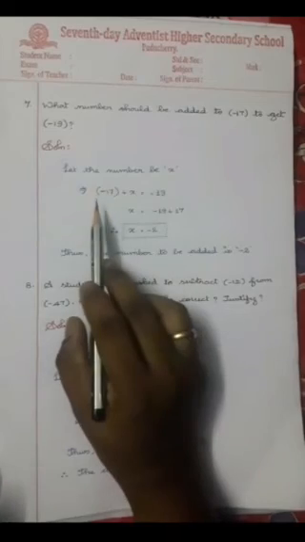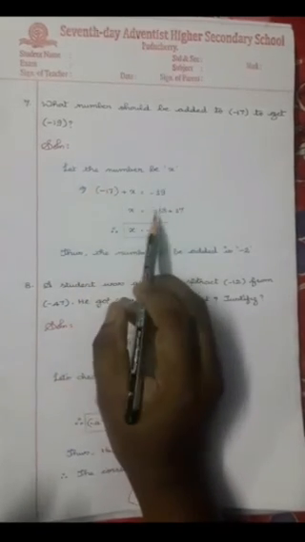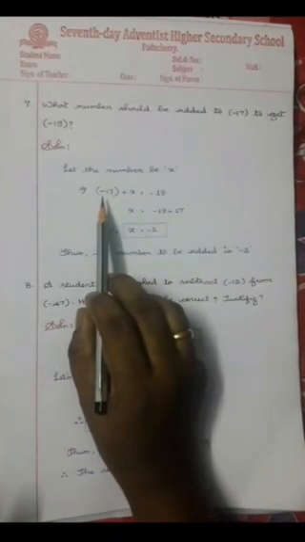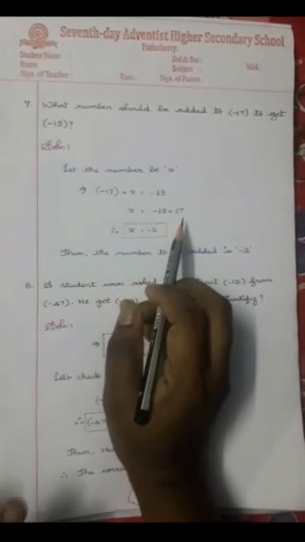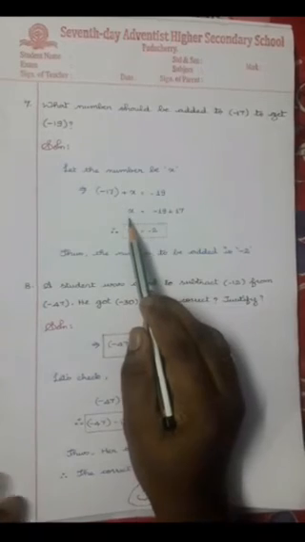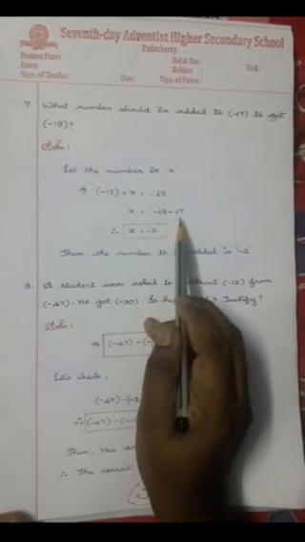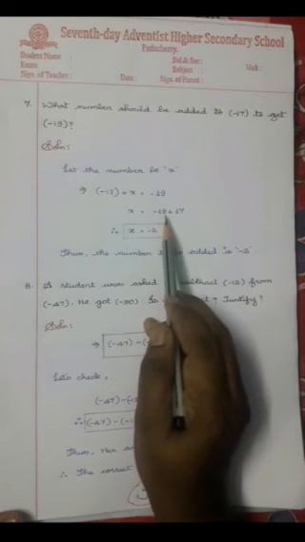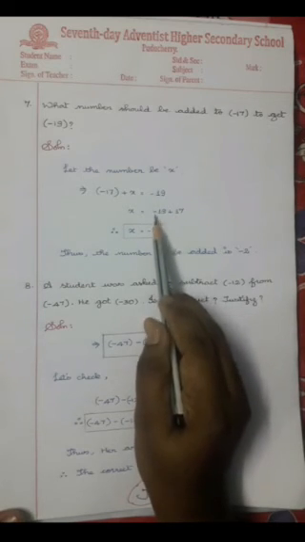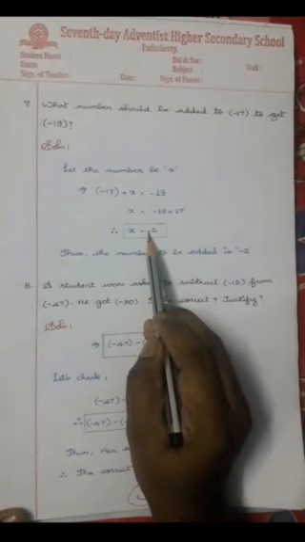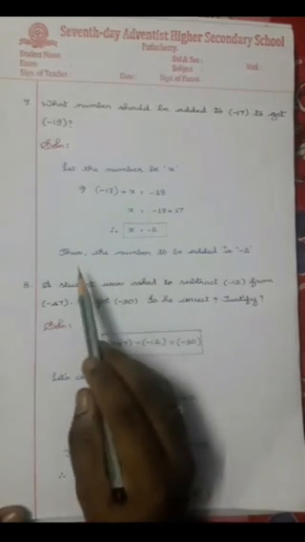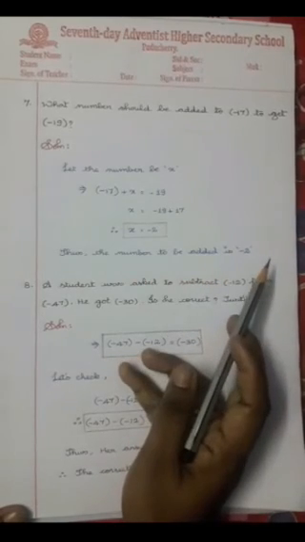So when it crosses the equal sign, the negative becomes positive. Now x is equal to minus 19 plus 17. Different signs, subtract, put the bigger number's sign. So x is equal to minus 2. Clear? Thus the number to be added is minus 2.